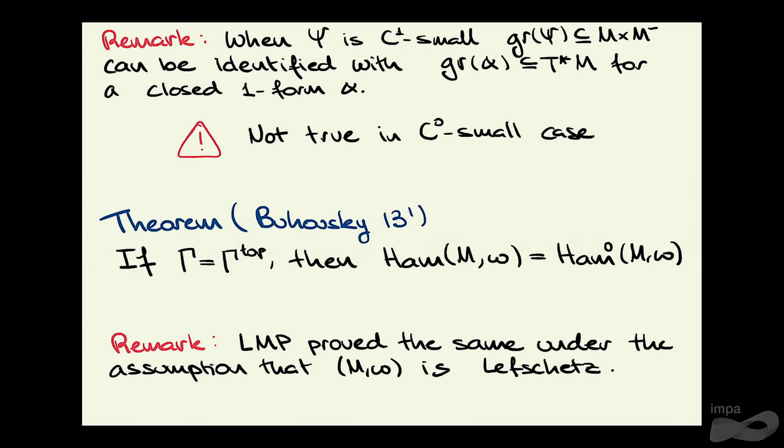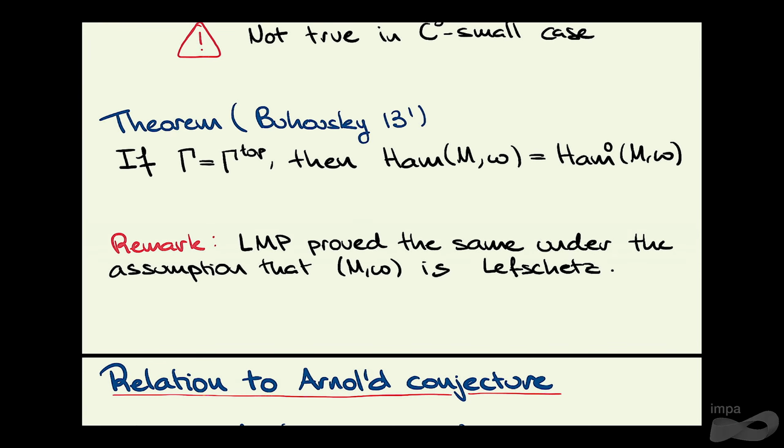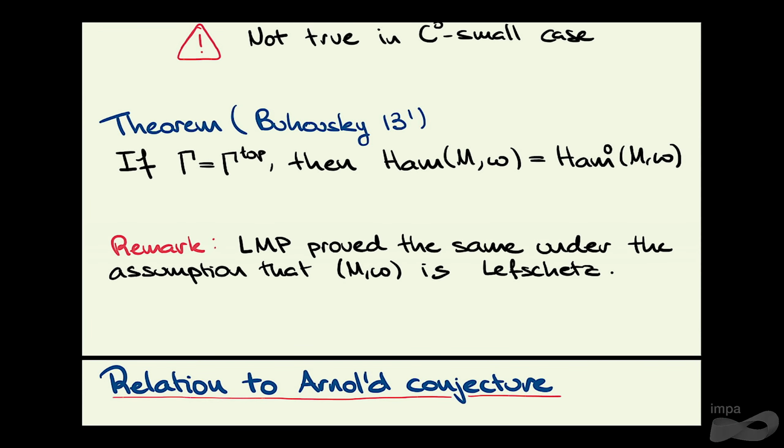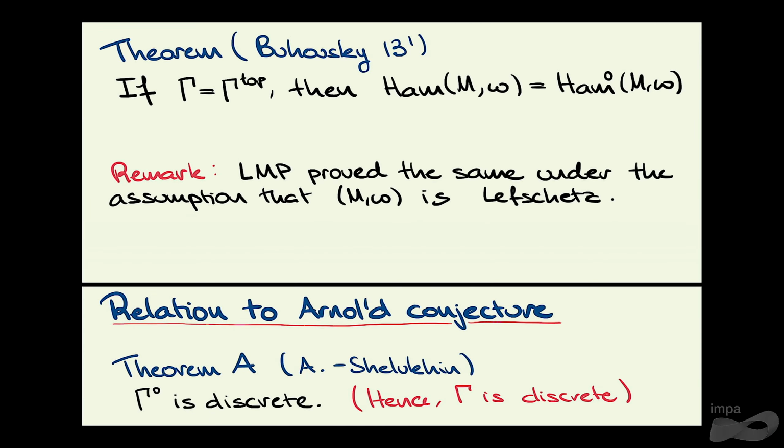Okay, so now I think it's a point to connect the two conjectures. And we do this in the proof of what I call here theorem A. We showed that in fact gamma 0 is a discrete subgroup of H1 for all closed symplectic manifolds. So in particular, this provides a new proof of the C1 flux conjecture.